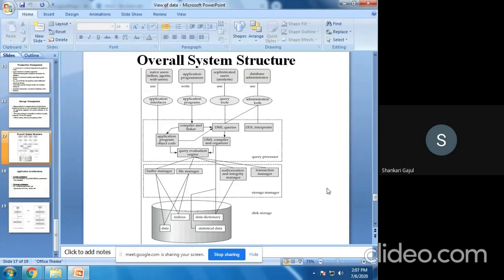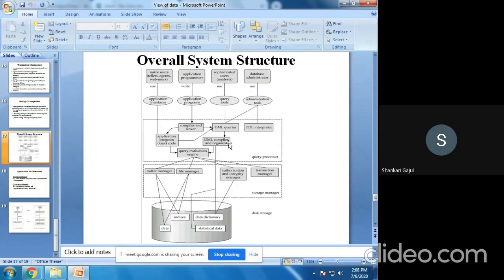Storage is important because a database requires a large amount of data to be stored. The storage manager is a component of a database system, and it provides the interface between the actual data and the queries.